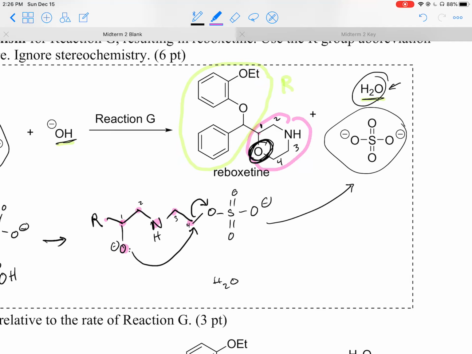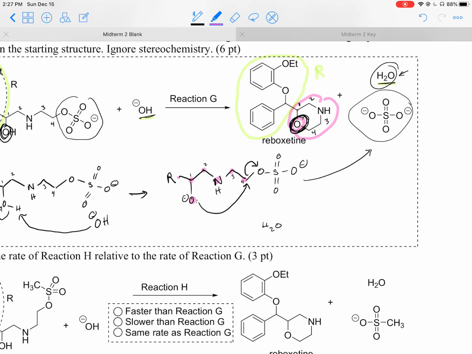Because number 1 is attached to R, the green group, and then number 2 is attached to 1. Number 2 is also attached to nitrogen. Nitrogen's attached to 3. 3 is attached to 4, and 4 will now be attached to the oxygen. And so that's exactly what's going to happen with that curved arrow mechanism.